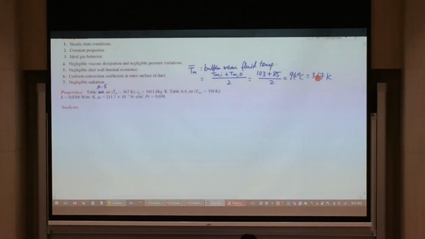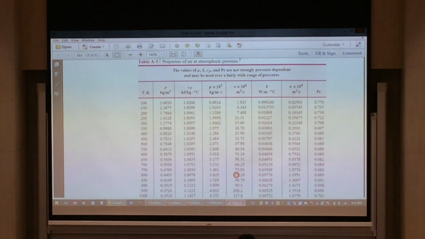So at 367 Kelvin, I need properties like thermal conductivity, specific heat capacity, my kinematic viscosity, my Prandtl number. 367 resides somewhere in between here. That means we need to interpolate. And we need to interpolate big time because there are so many parameters.